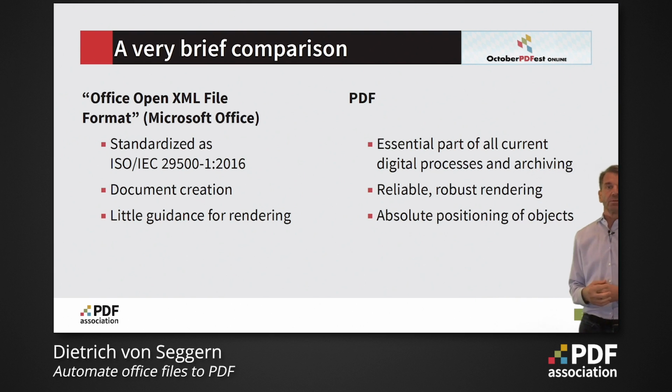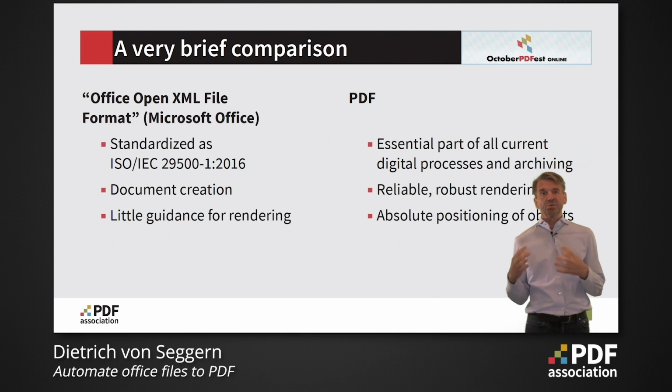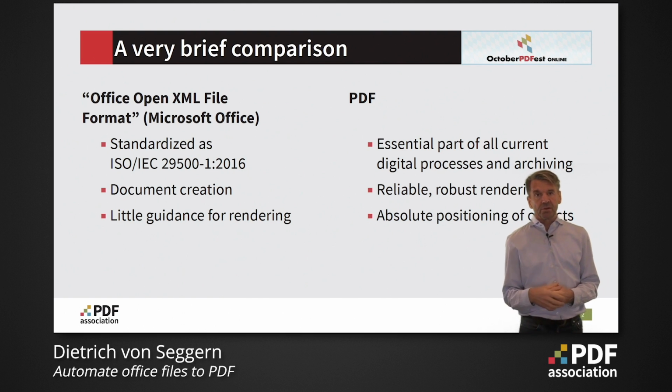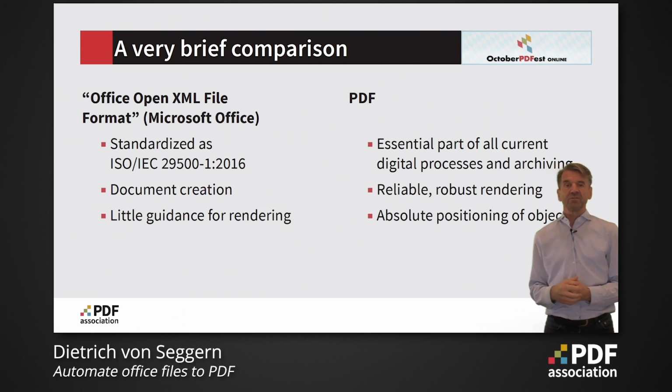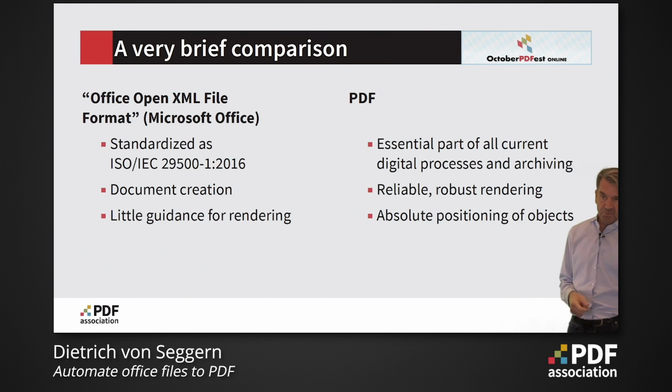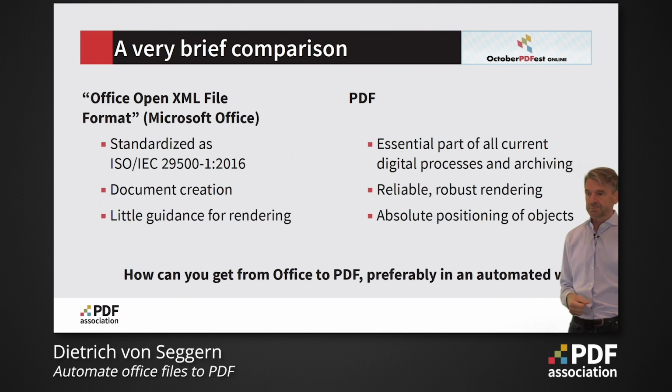Another important difference is that in PDF, all objects are positioned absolutely, while in an Office file, lots of things are dependent on other objects on the same page. So as it seems, it's a good idea to convert from a more fluid Office file to PDF.